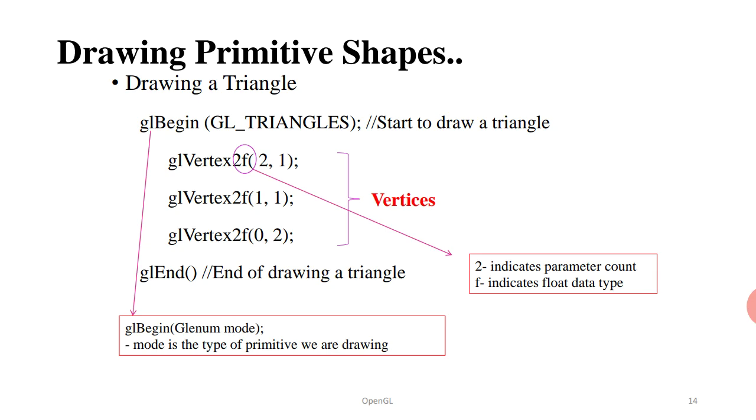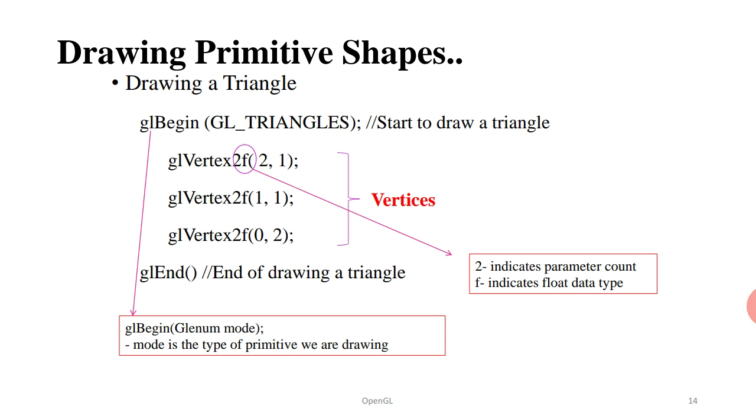For example, to draw the primitive shape triangle, you can use the functions like this. The glBegin function is first used, which takes the parameter GL_TRIANGLES because we want to draw the triangle. After this, your program can start drawing the triangle. As the triangle consists of 3 vertices, we will call the glVertex function 3 times.